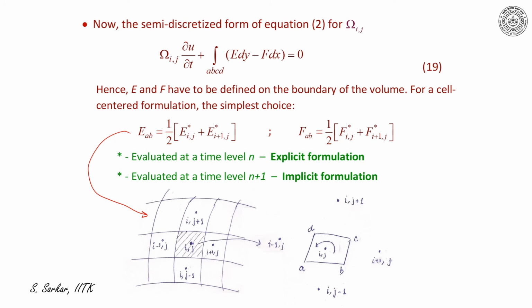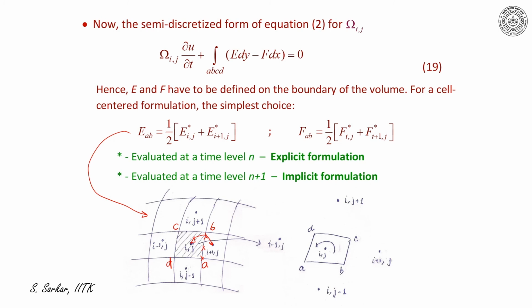So I have indicated the vertices as A, B, C, D. Thus, I have considered the fluxes at the surface AB equal to half of the neighboring cells.